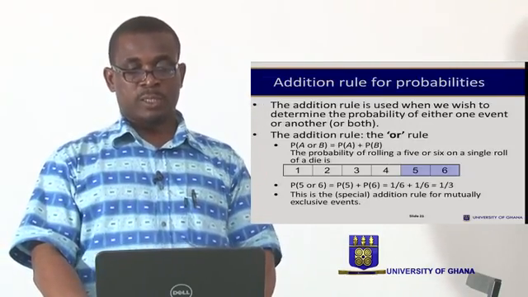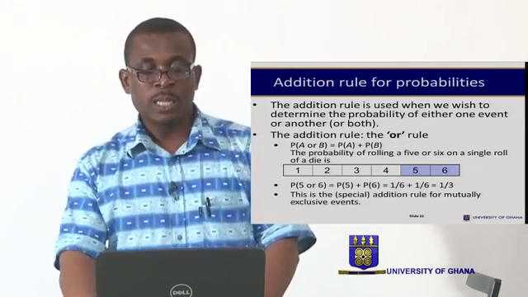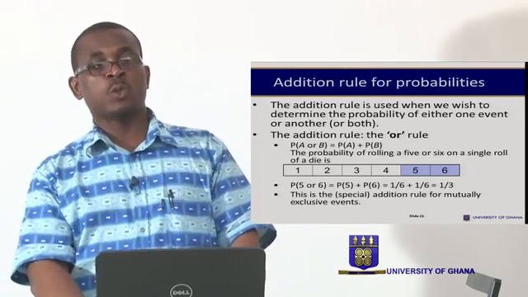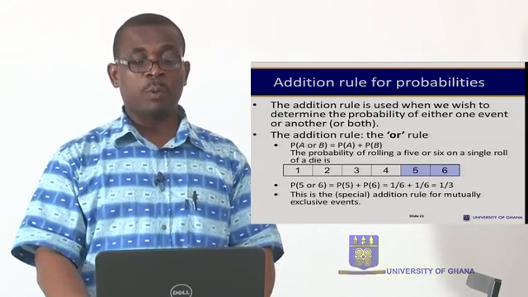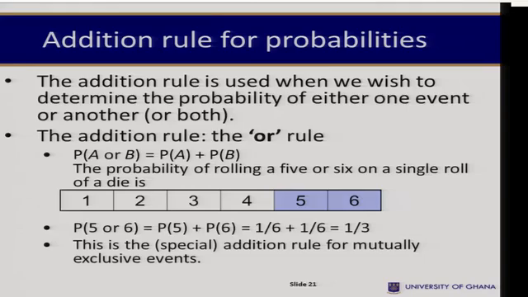So let's illustrate the addition rule. Now the addition rule is also called the OR rule. So you want the probability of an event A or an event B or both. So to use that rule, we simply say it is probability of A plus the probability of B, right?